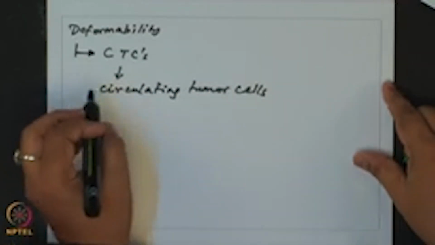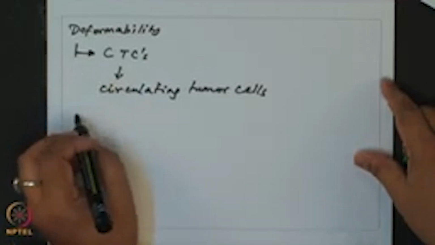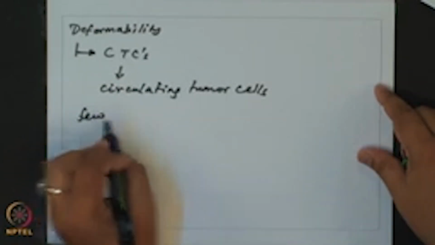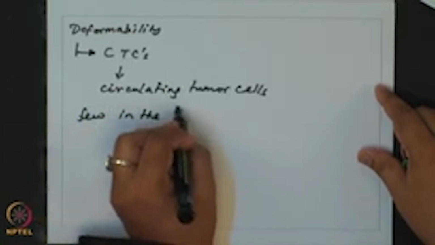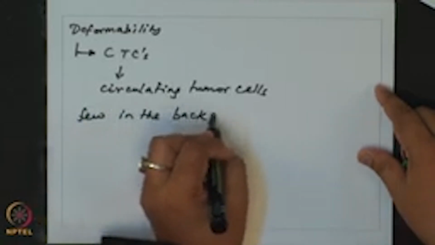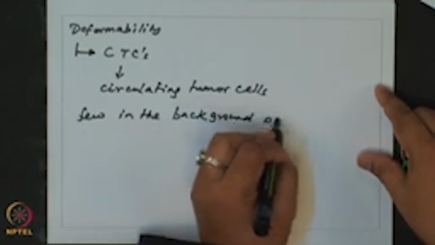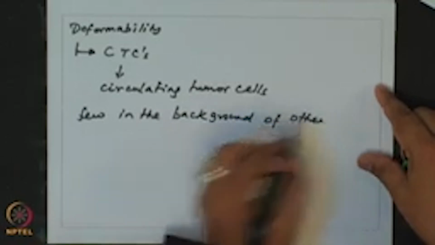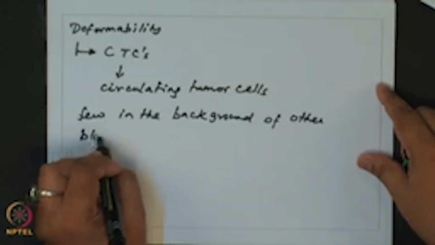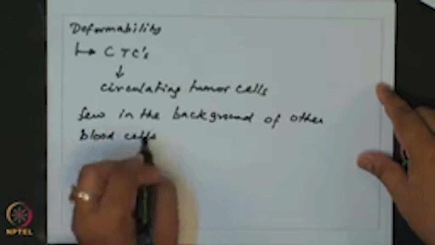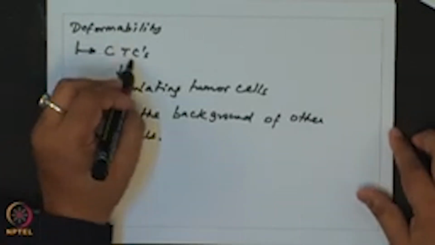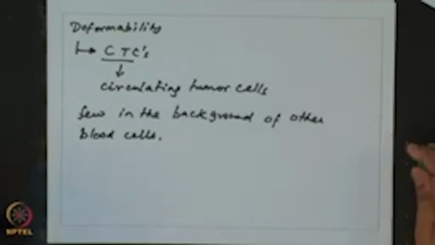Now, CTCs are very few in the background of other blood cells. So, how do you isolate these circulating tumor cells is the question.